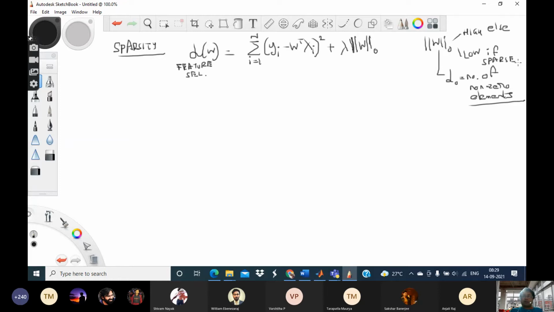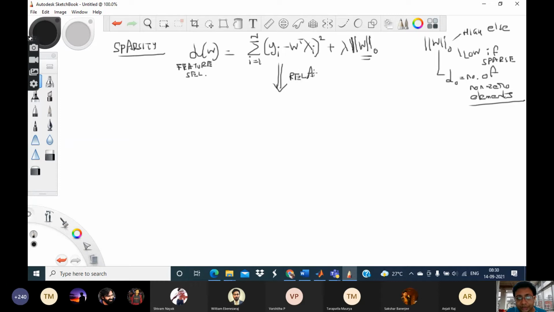Now if I want to find W, I run into some trouble, because unlike the previous case, I am not able to calculate the derivative of this loss function with respect to W, because of the nature of this function. As you can understand, this is a highly discontinuous function. You will not be able to differentiate it. So what we do is a relaxation.